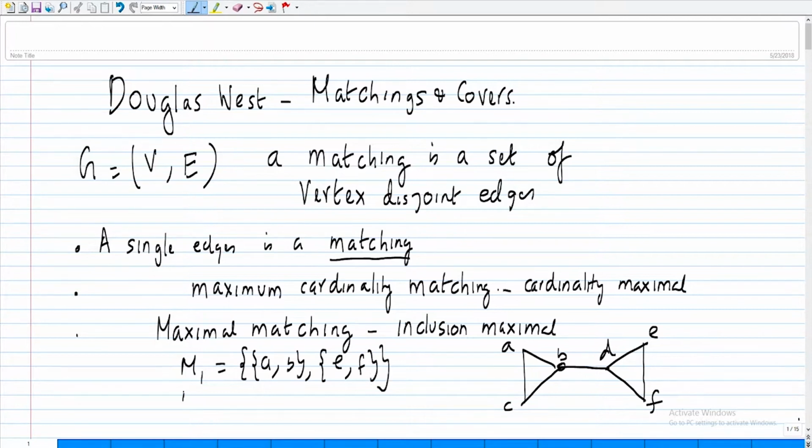Let's consider the matching M2 which has the edges AC, BD and EF.